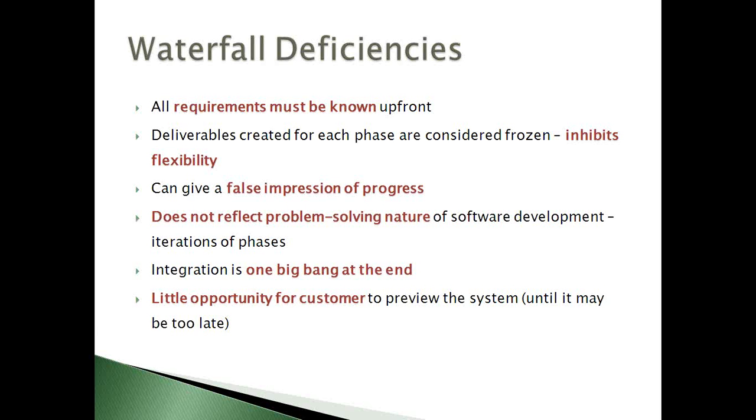We are not going to accept changes or modifications until we complete all the phases in the development process, and it can give a false impression of progress. So, for example, if we are discussing the requirements in the requirement phase with the client, the client is giving the requirements of the project.